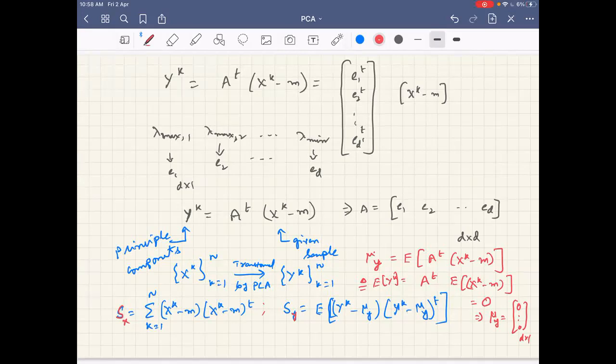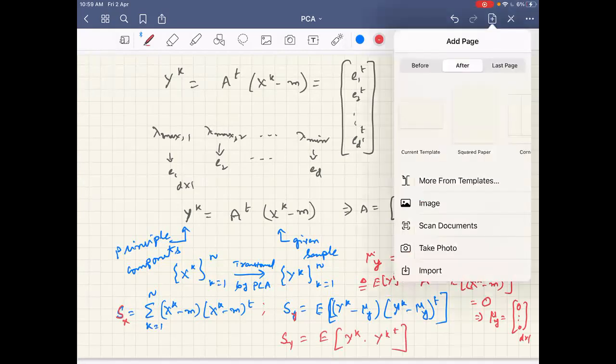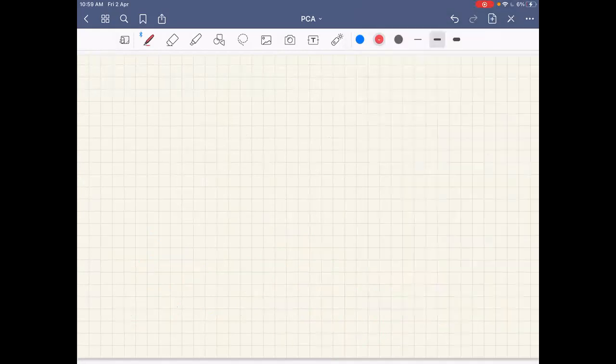So given this, what we want to see is the covariance of y, Sy. Now I can rewrite it as the expectation of yk into yk transpose. Let us see how this simplifies.